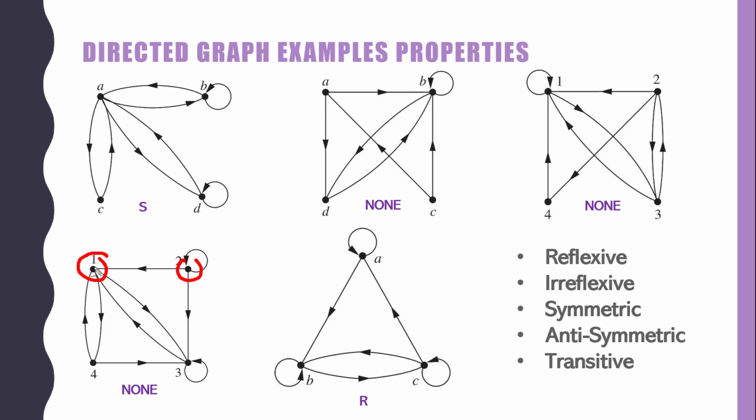And then there's also a path from 1 through this to 4. If that exists, then there must be a direct path from 2 to 4, and there is not. So because there is not, it's not transitive. So it's pretty easy to quickly spot something like that that's not transitive.